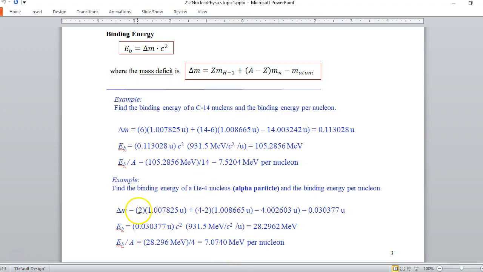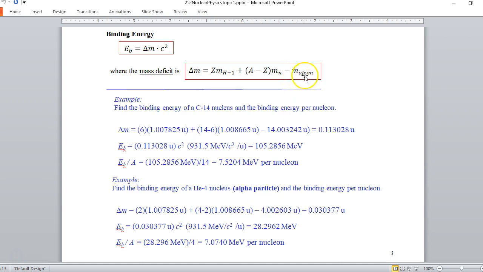I've got the number of protons right here, 2 times, look, the mass of hydrogen-1. That's always going to be right there in your binding energy calculation, the mass of hydrogen-1. The number of neutrons, in this case 2, 4 minus 2, that's always going to multiply the same number, the mass of the neutron. What changes is this number right here, right?